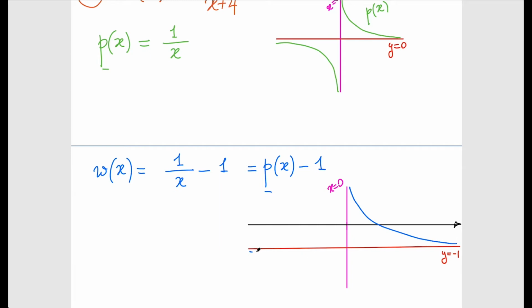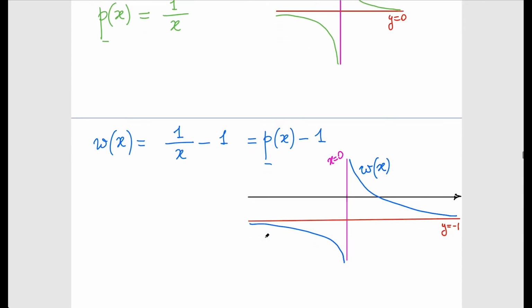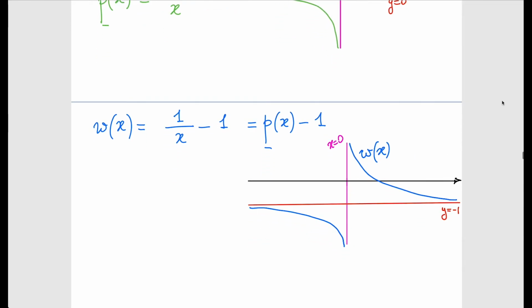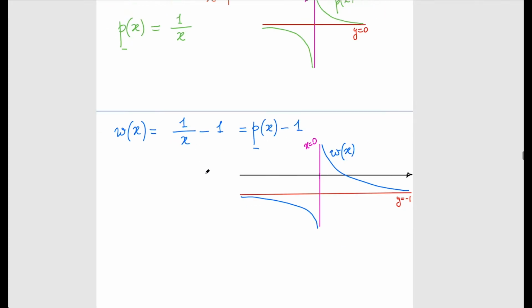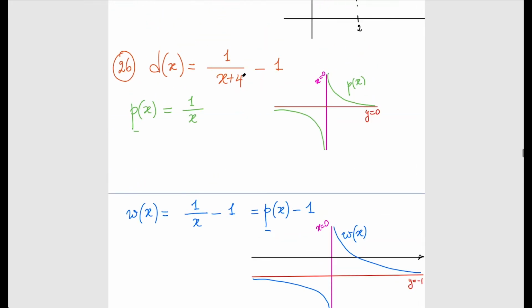Correct? Something like this. So that's the function w of x. All right.